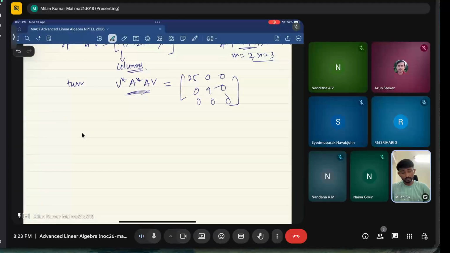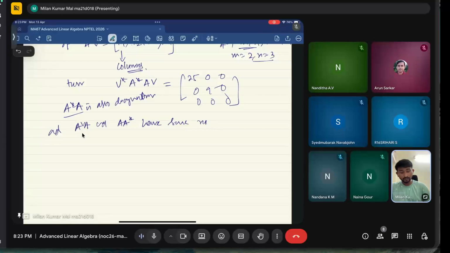We have done whatever in terms of A star, but A star A is also diagonalizable. And A star A and A star have the same non-zero eigenvalue.